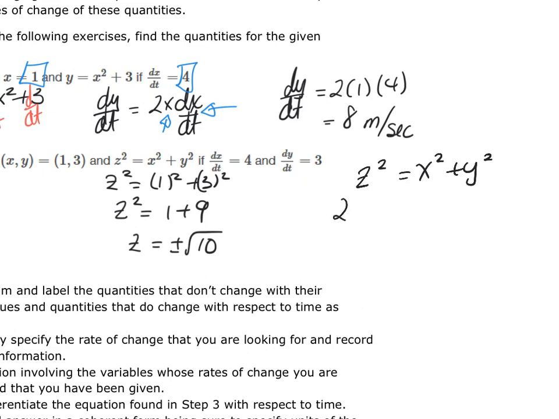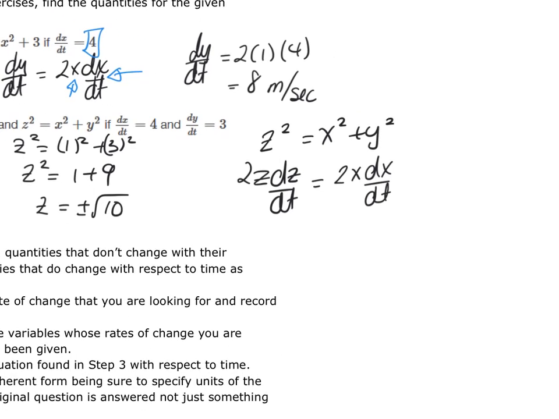So it'll be 2z dz/dt is equal to 2x dx/dt plus 2y dy/dt. How was that? Did you all get to that point?